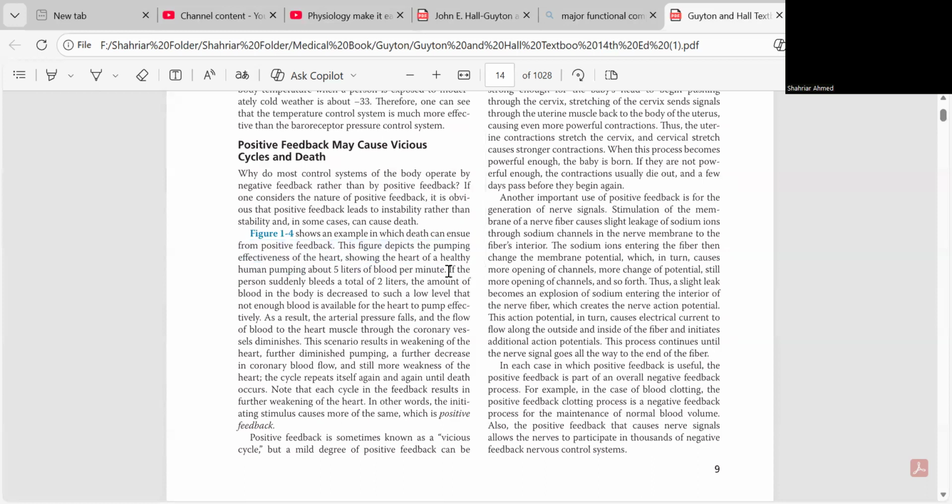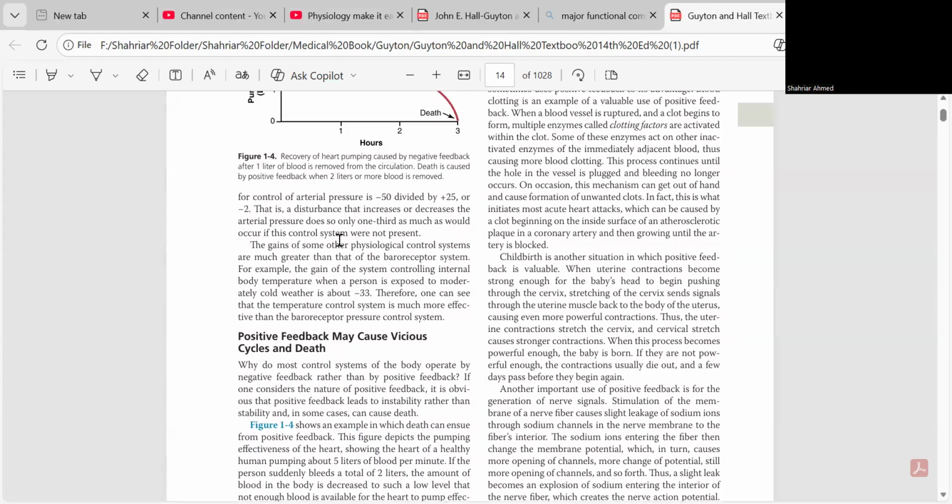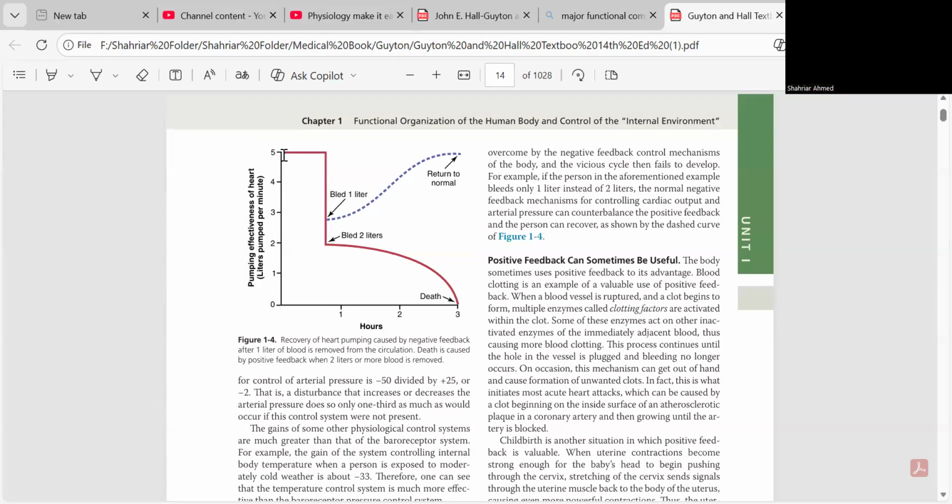If a person suddenly bleeds a total of 2 liters, the amount of blood in the body is decreased to such a low level that not enough blood is available for the heart to pump effectively. The figure shows the pumping effectiveness of the heart, liters per minute, 5 liters. Assume 2 liters of blood bleeds away from the body.